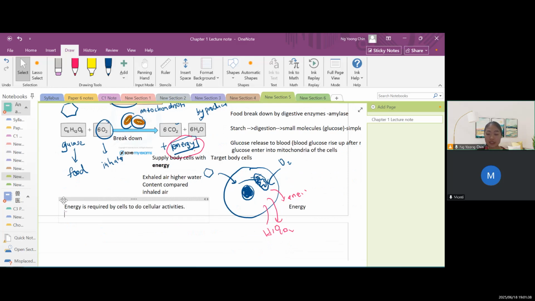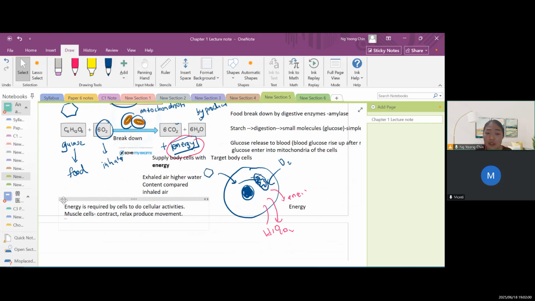Take for example muscle cells. What are the functions of muscle cells? Muscle cells will perform contraction and relaxation, right? They contract and relax every day to produce movement.